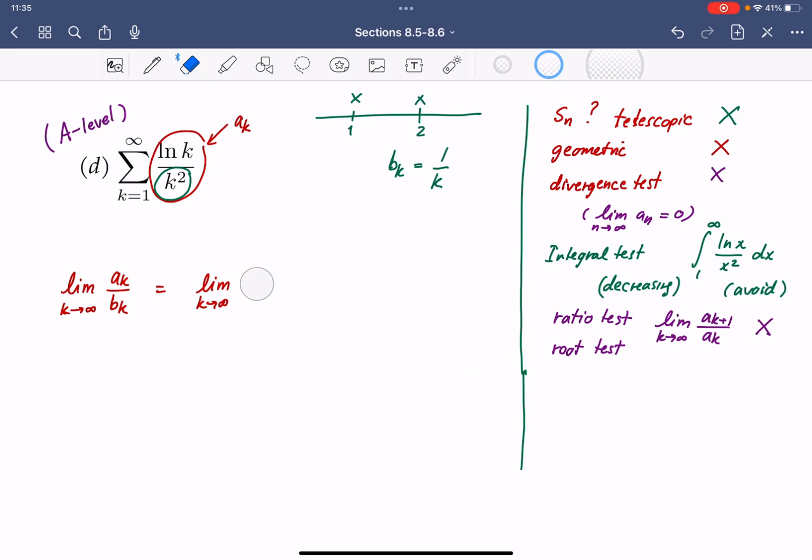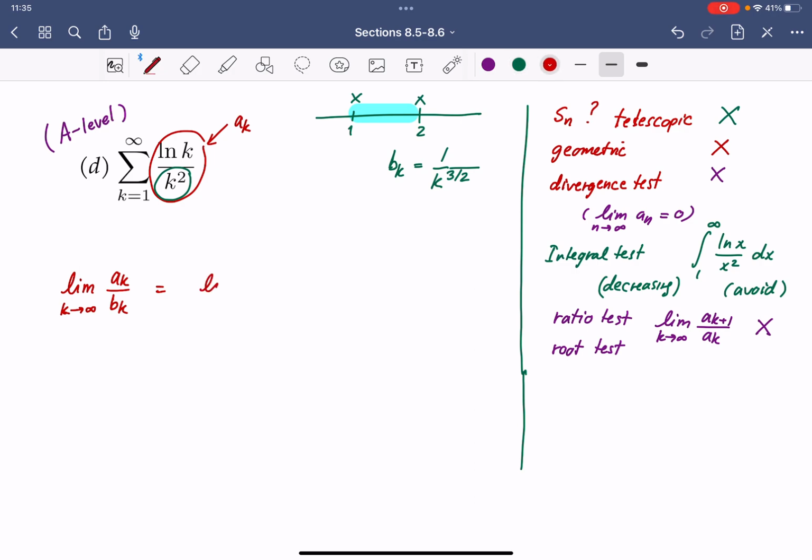How do we do next? So 2 is not working, 1 is not working. What we're going to do is pick something in between 1 and 2. So let's pick k to the 3/2, just halfway, 1.5.